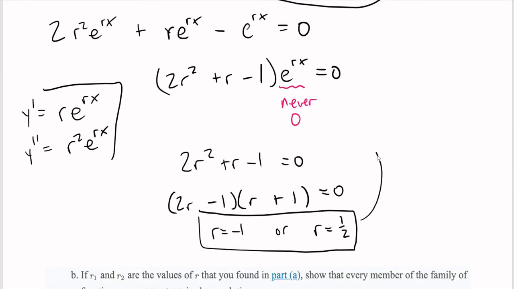What is this telling me? It's telling me y equals e to the negative x and y equals e to the 1/2 x both solve this differential equation. These are very different pictures. So this hopefully is starting to get you to see how things can get a little more complicated. It's not just like, oh, I get this one solution, infinite copies.